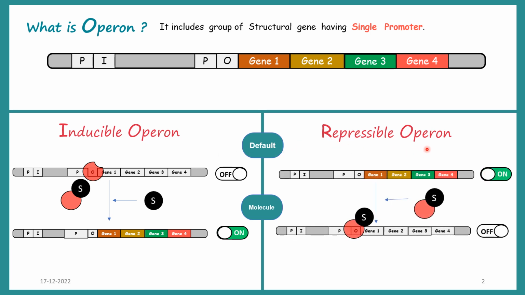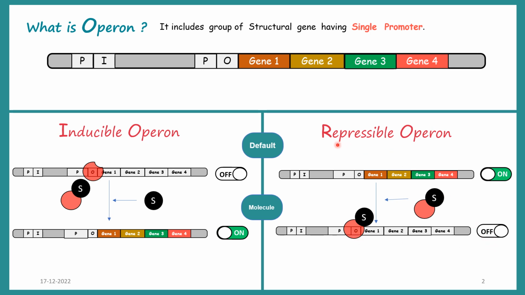Second, repressible operon. Repressible operon is by default in a switch on condition. But when a signal molecule comes, this signal molecule activates the repressor protein, and this repressor protein is going to bind the operator and switch off the operon.